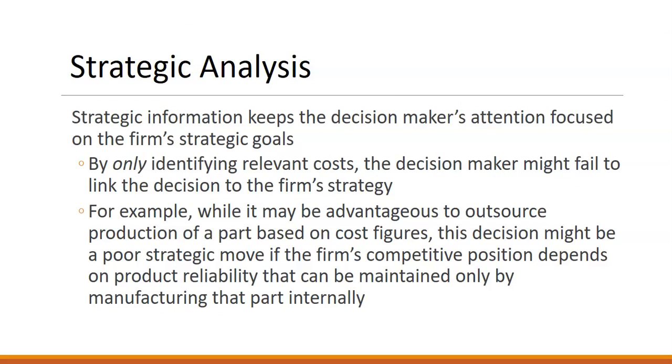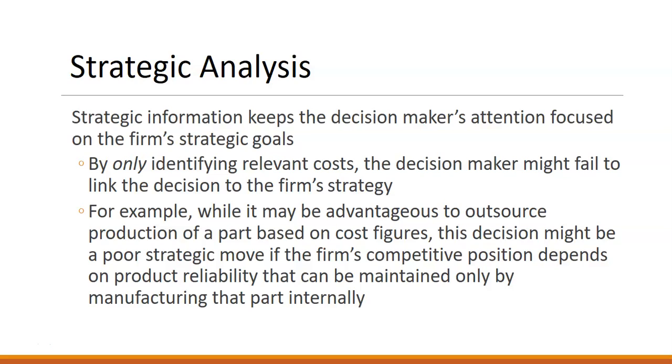So in this strategic analysis, by only identifying the relevant costs, we might fail to link the decision to the firm's strategy. When we talk about the advantages of a make or buy decision, it might be advantageous to outsource production based just on the relevant cost information.